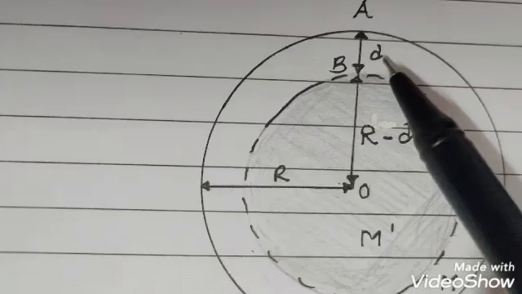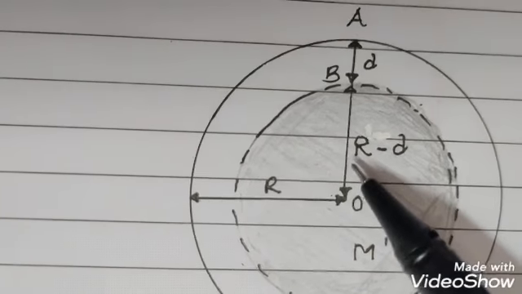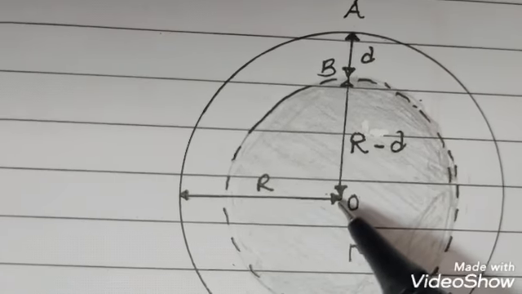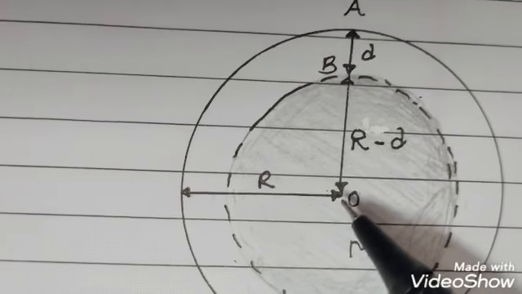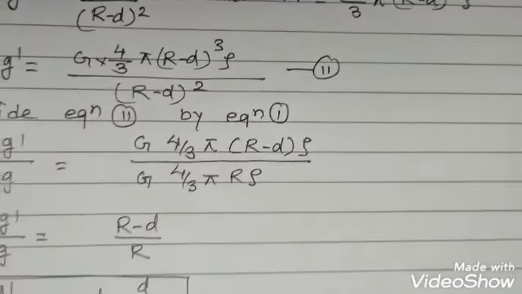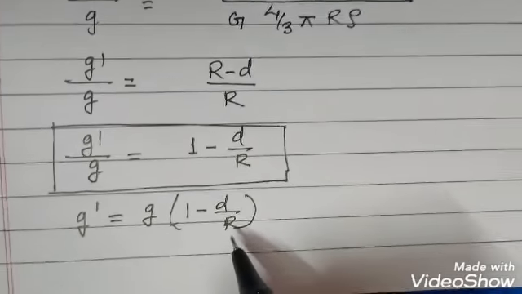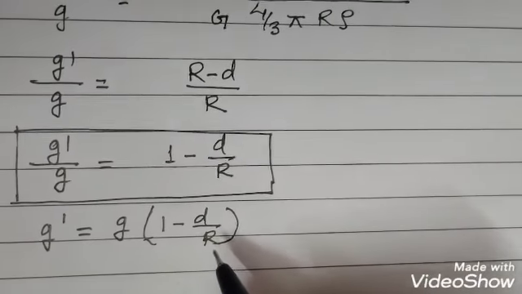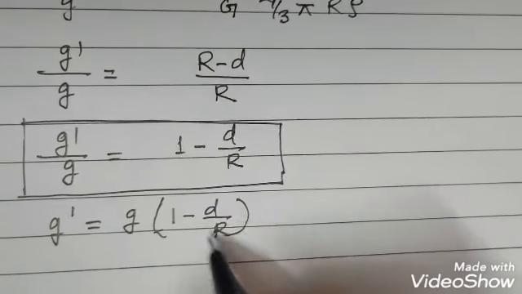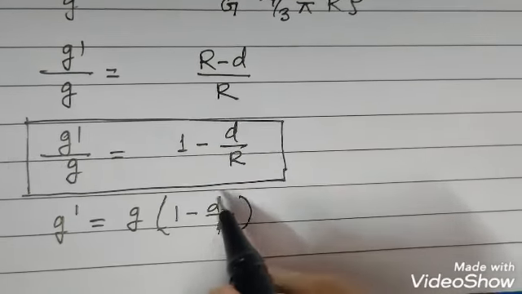The value d is always less than r except one position, when this object is placed at the center of the earth. So if d is less than r, that means the fraction d upon r is always less than 1, and then this quantity will be less than 1.